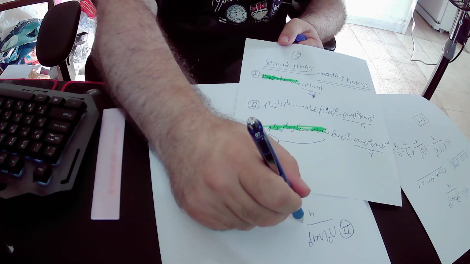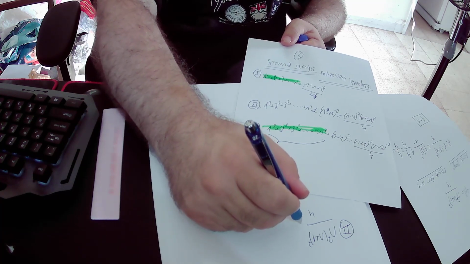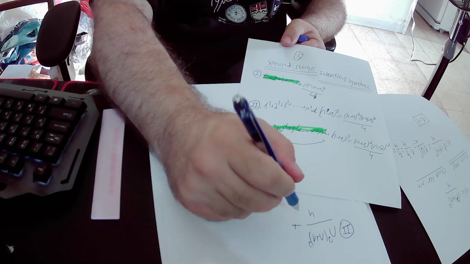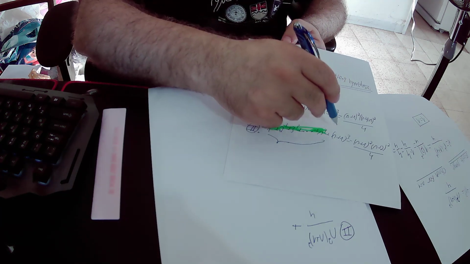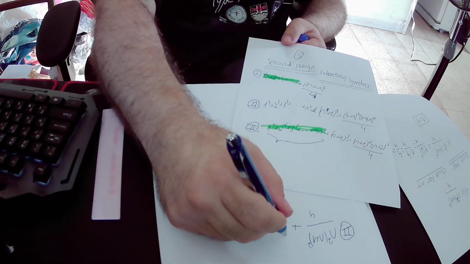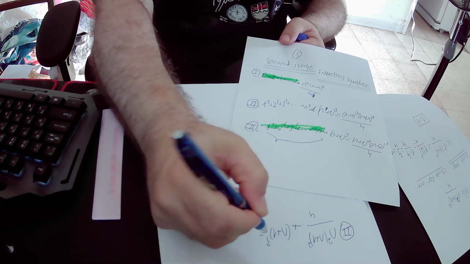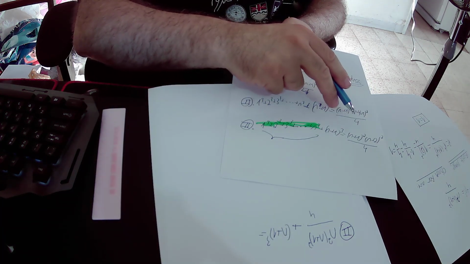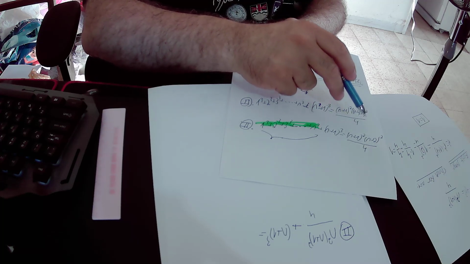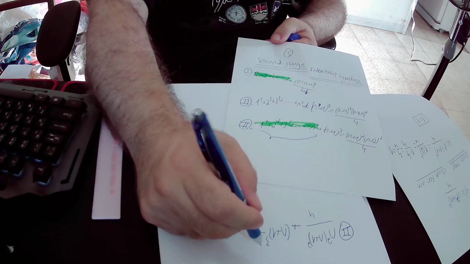Okay, plus (n plus 1) to the power of 3, we'll copy it here, equals (n plus 1) squared times (n plus 2) squared divided by 4.